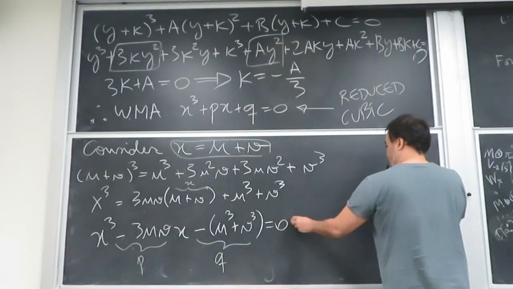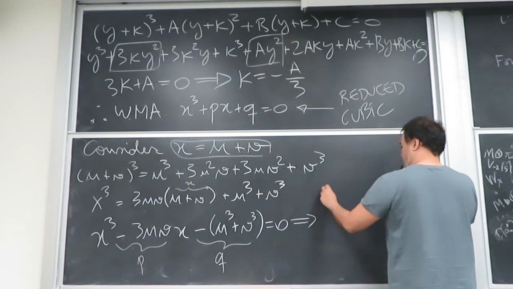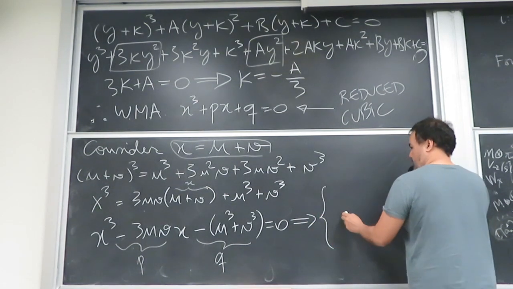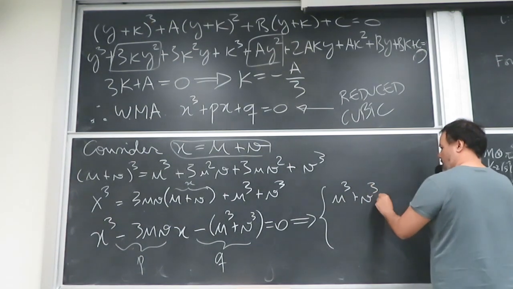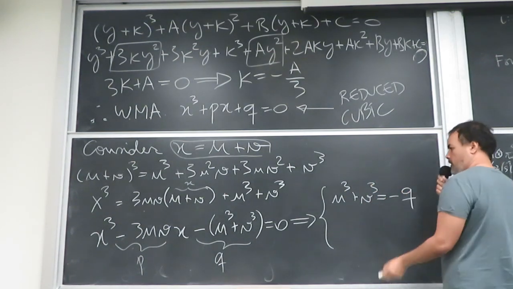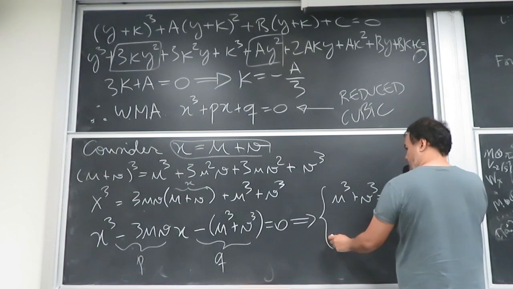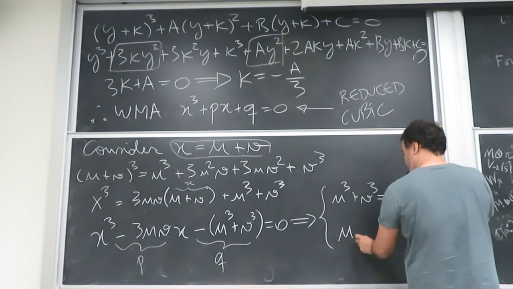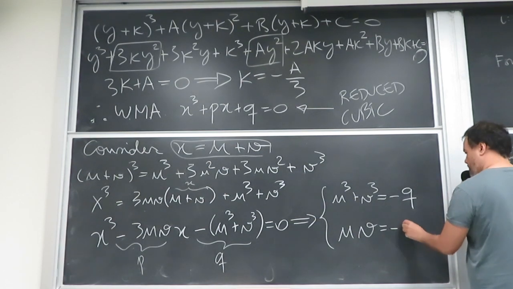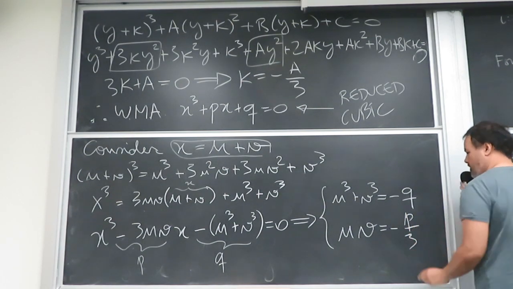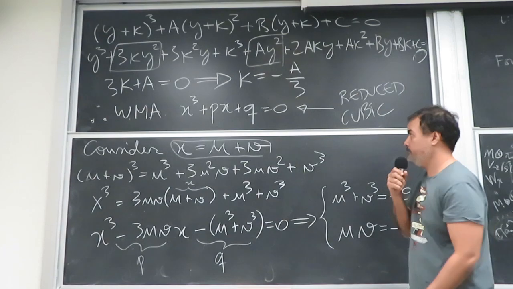So from this equation, we are asking that u cubed plus v cubed equals minus q, and uv equals minus p over 3, right?